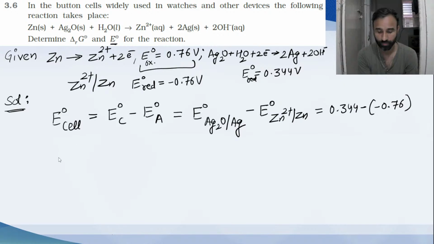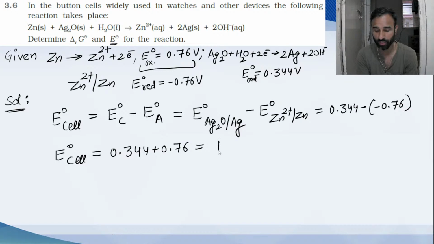That is, E naught cell is equal to 0.344 plus 0.76. So what is the value? 0.76 plus 0.344, that is 1.104 volt.